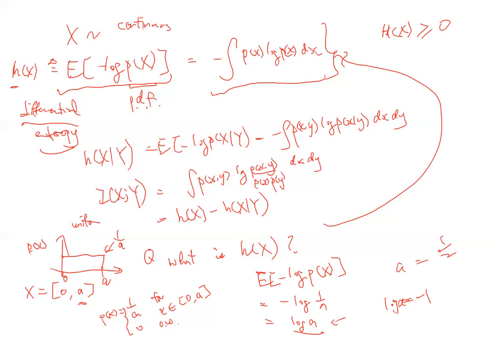Also, if you look at the expression, it's a sum of p(x) log 1 over p(x), and p(x) is always less than 1 for a PMF, so this thing is always bigger than 0. So for the original entropy that we discussed for the discrete random variable, H(X) is always positive. The unit is bits or whatever. It has some physical meaning.